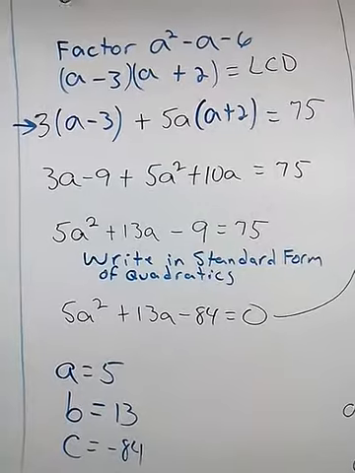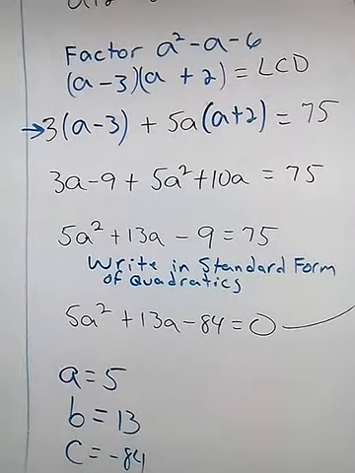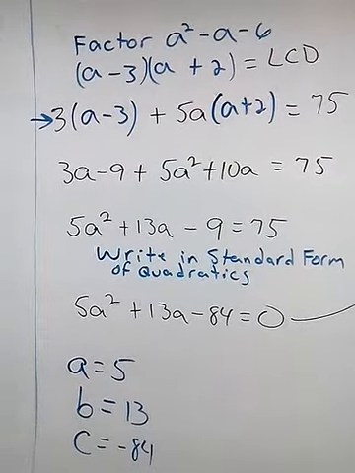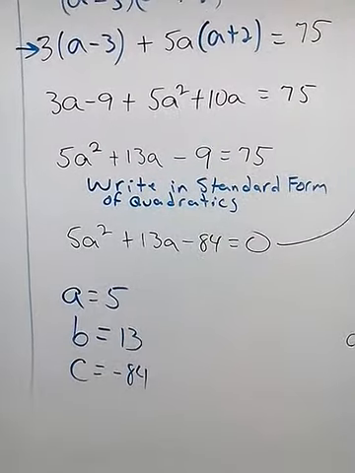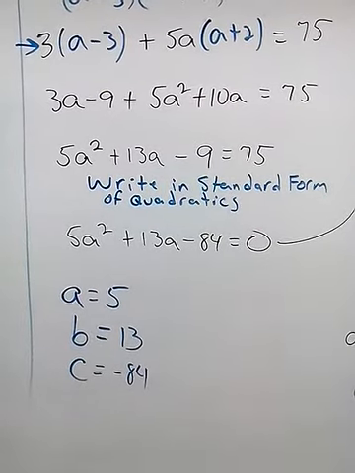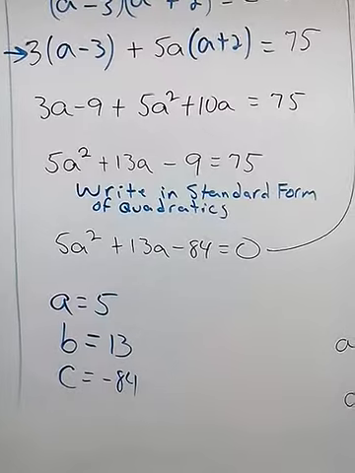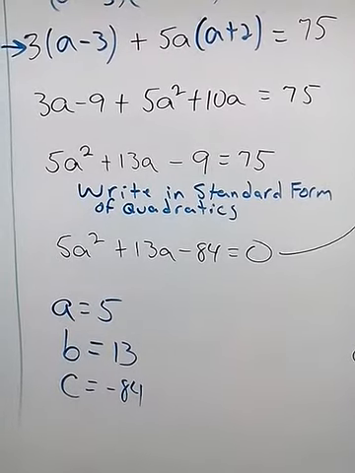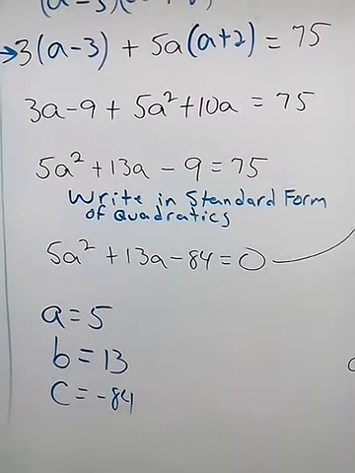We do our distribution, continuing our problem. So we have the a minus 3 times 3, and then the plus the 5a times a plus 2.